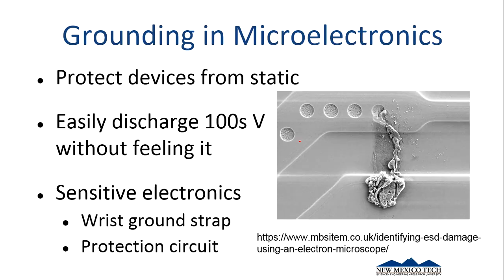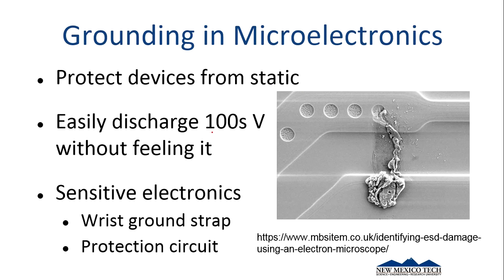Another thing in microelectronics. For your chips that you were using, your little integrated circuits, they had some protection on them. But one of the things that I wanted to point out here is that in microelectronics, you have to protect everything from static, and static will just mess everything up.